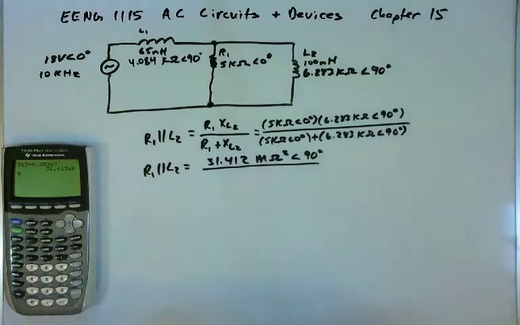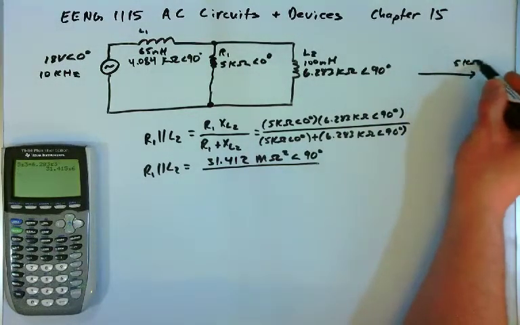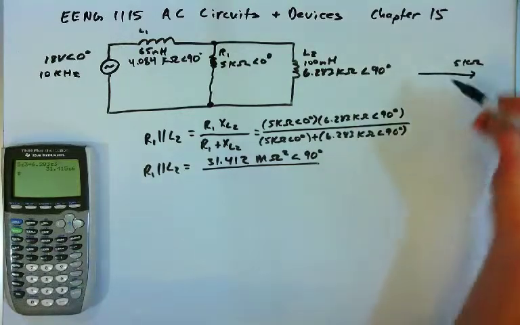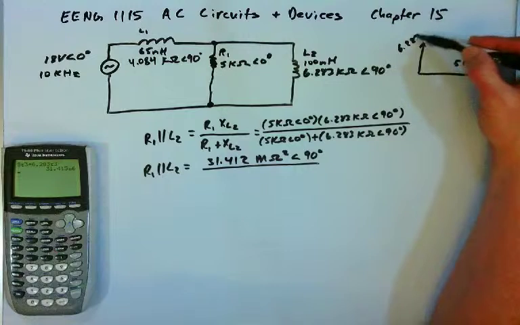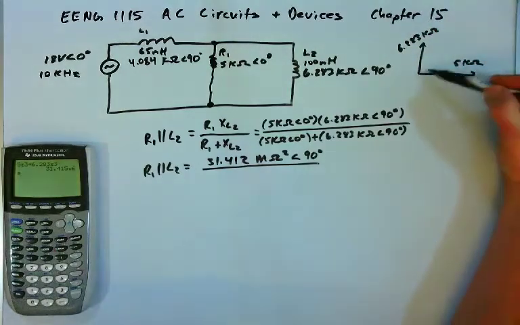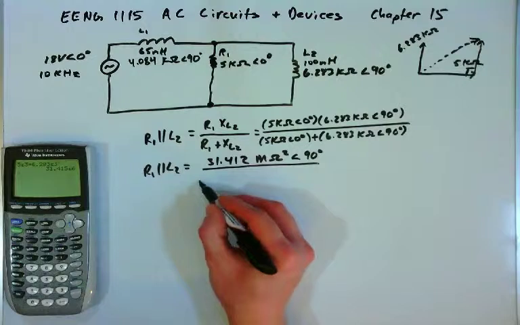Now the sum is a little bit harder, of course. Again, we have 5 kilo ohms at 0 degrees. We have 6.283 kilo ohms at 90 degrees, and we're looking for the vector sum. And so we're looking for the hypotenuse of this right triangle. We'll use the Pythagorean theorem.